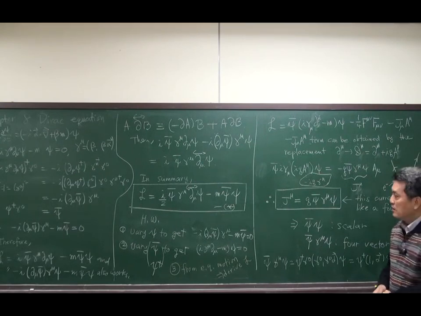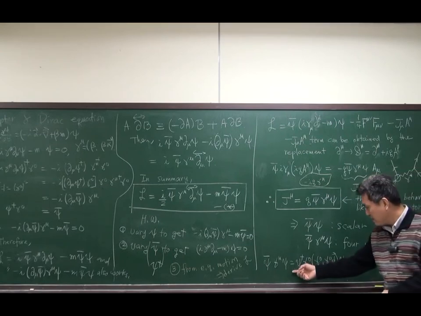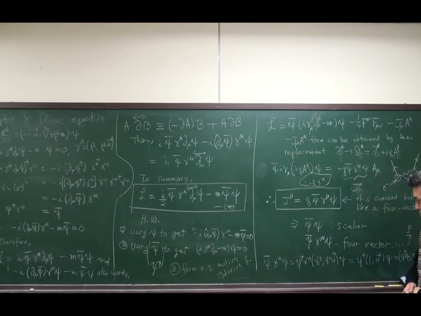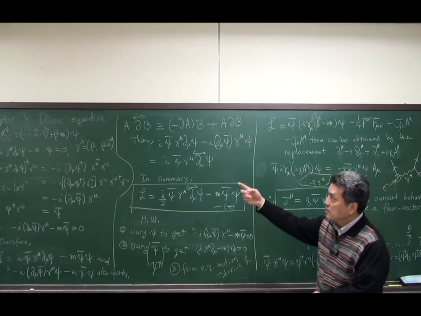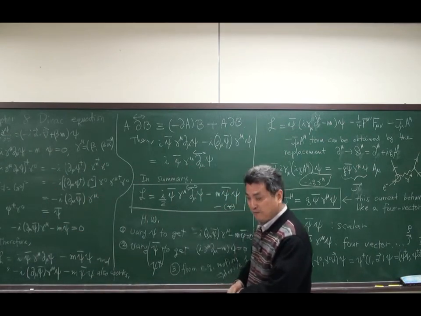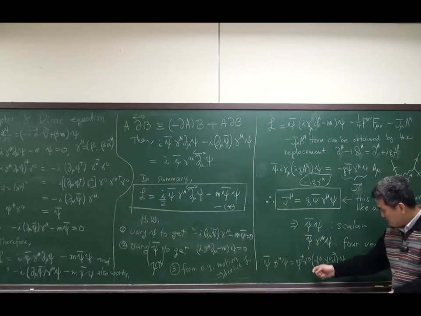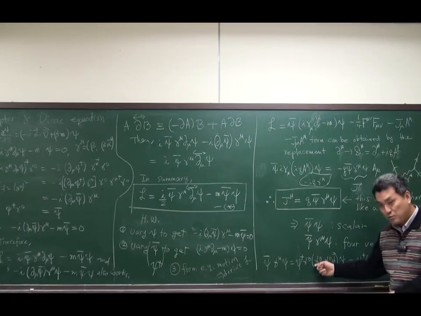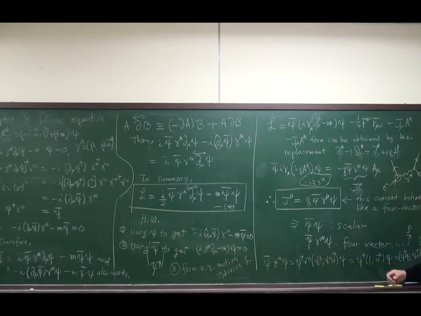Okay, let us go back to the original definition of psi bar. That is psi dagger times γ^0. And decompose γ^μ in terms of the original Hermitian matrices beta and alpha, then it is beta, beta alpha. If beta meets beta, beta squared is 1, and beta, beta alpha is all alpha.